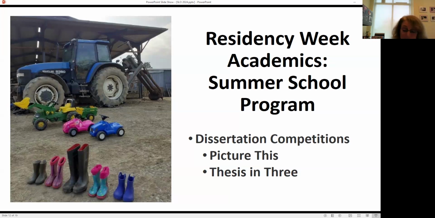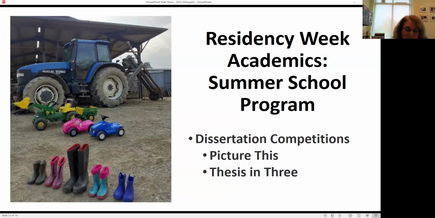And then the 15 most popular images went forward to the final, where a committee of faculty and administrators picked the winners. So the image that you see here is the 2022 winner, which was focused on gender equality in farm ownership. So you can see how a picture can tell 1,000 words.